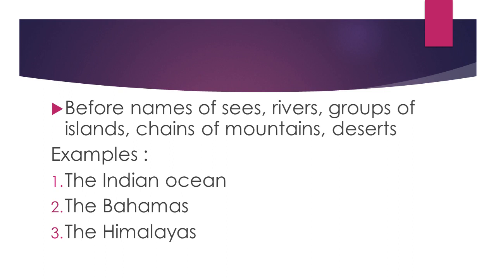Before them we use "the", or we can say the things which are created by God. Islands have not been created by human beings. Mountains, deserts, seas, rivers, so the creations of God. Before the creations of God we use "the". The Ganges. Ganges is the Ganga river. So the river is created by God. Before that we use "the".